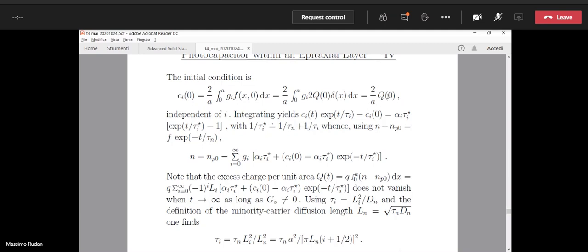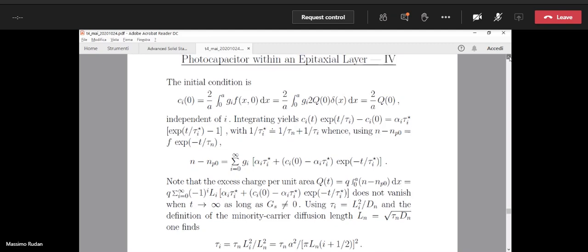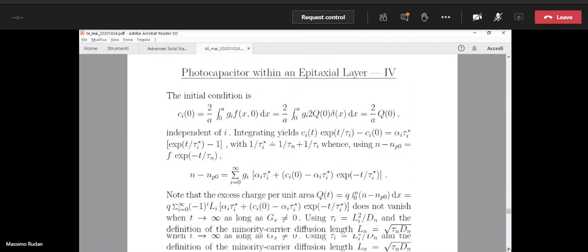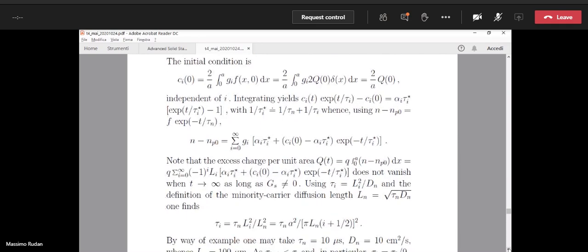Ti, you remember, is defined earlier as Li squared over Dn. So we simply have to understand whether we have gained something using this complicated solution.